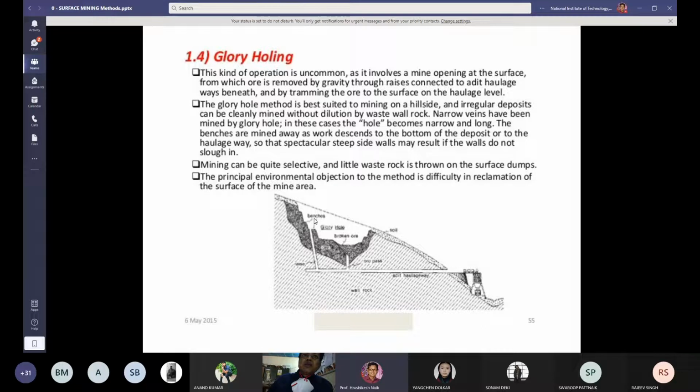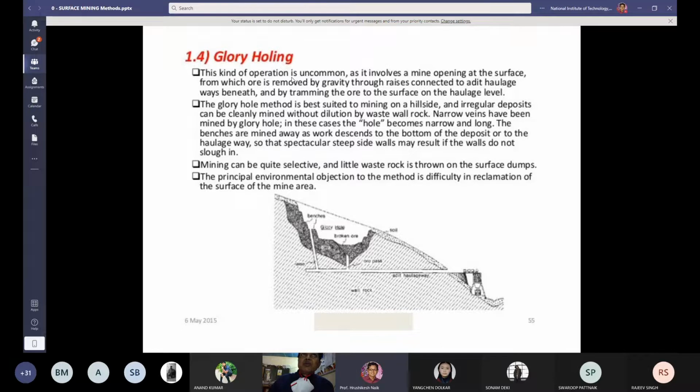Here you are extracting the mineral by open cast mining method upwards, and the mineral is transported downwards, and it is taken through this adit. This is the haulage way through which the mineral is taken out. So this is called glory hole mining.